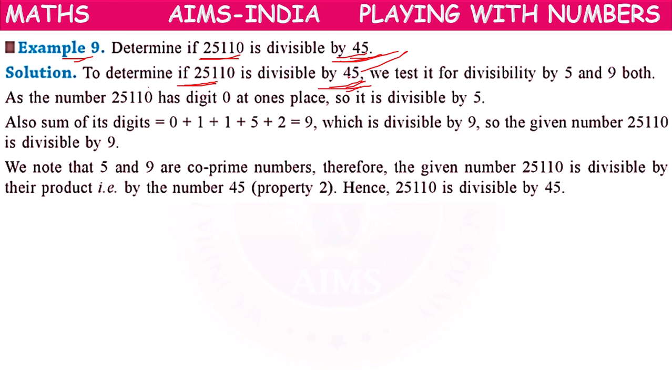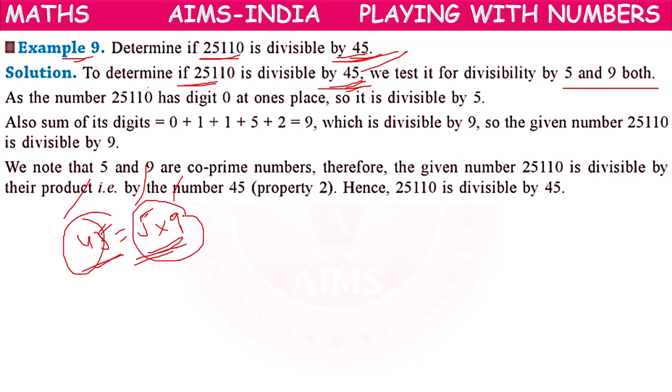45 can be written as the product of 5 into 9. Because we have divisibility rules for 5 and 9, not for 45. So that's why we are writing 45 as a product of 5 into 9.